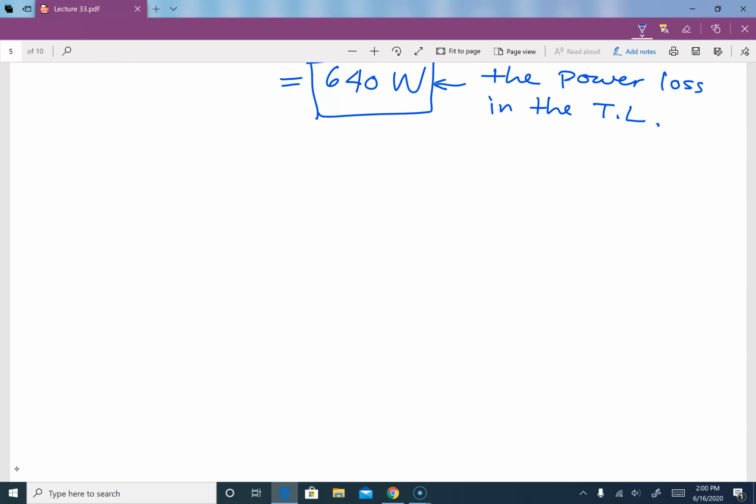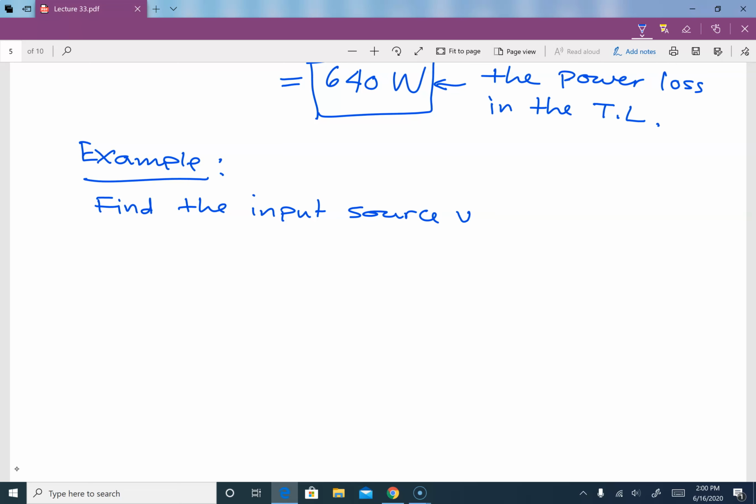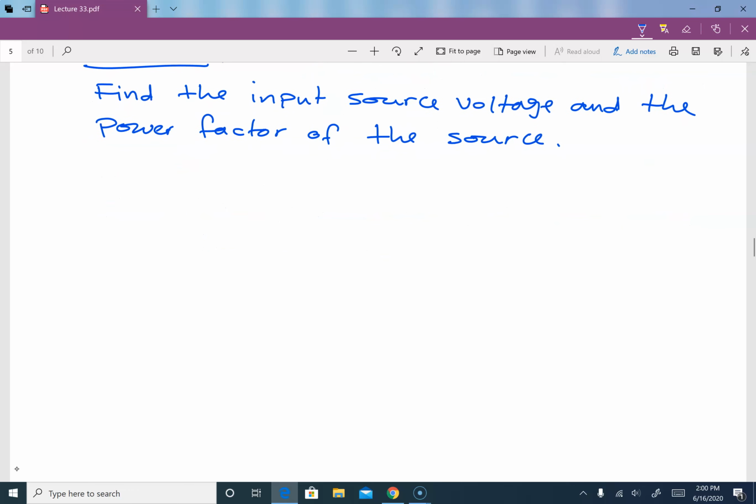Let us go over another example here. The example is asking us to find the input source voltage and the power factor of the source for this circuit.